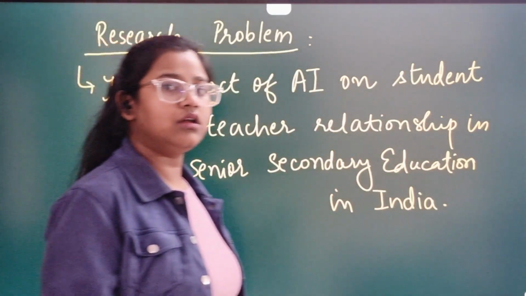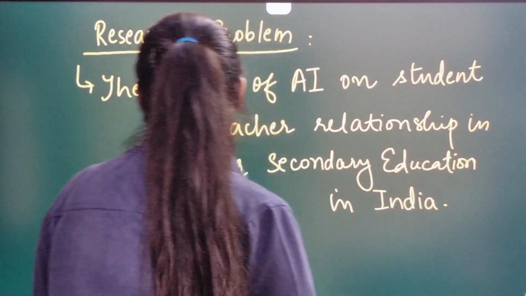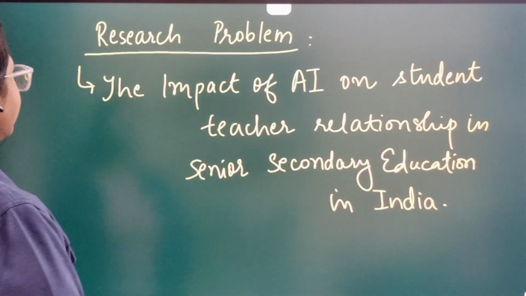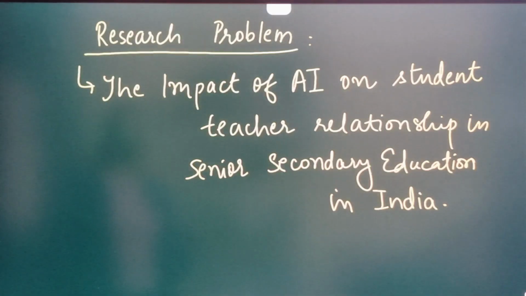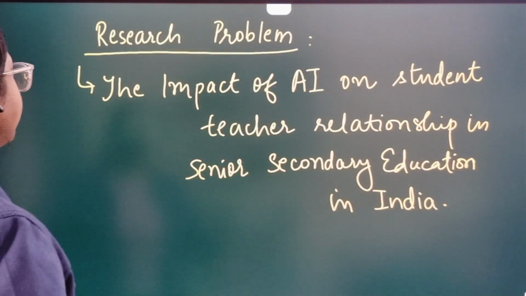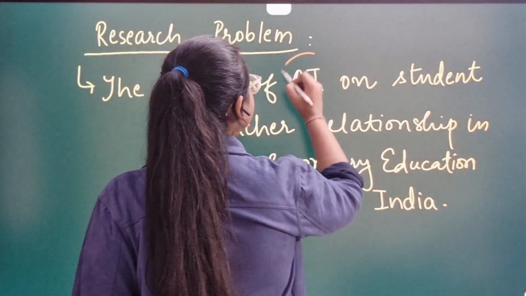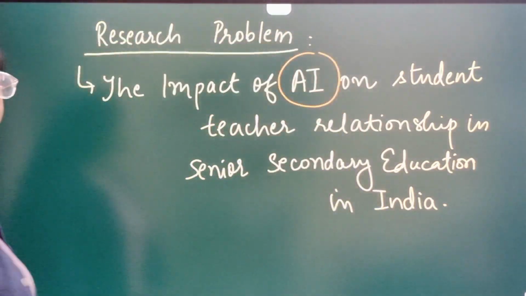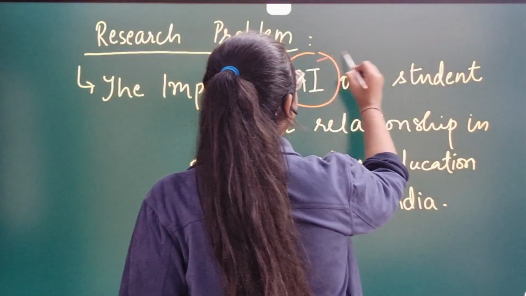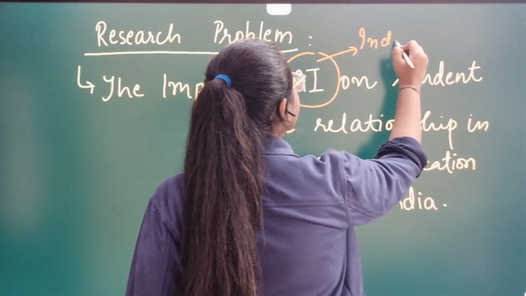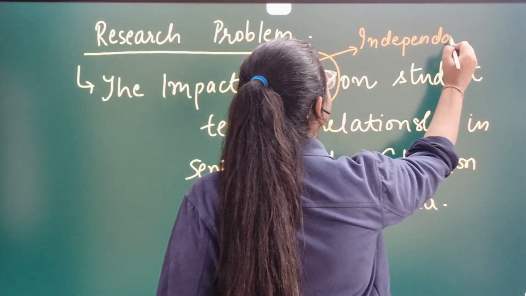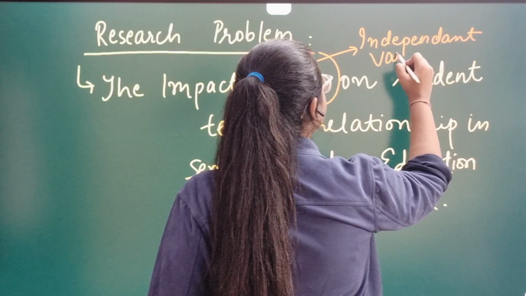Done? Okay. Now let's identify the independent variable first. What will be the independent variable? The independent variable will be usage of artificial intelligence. AI will be our independent variable.